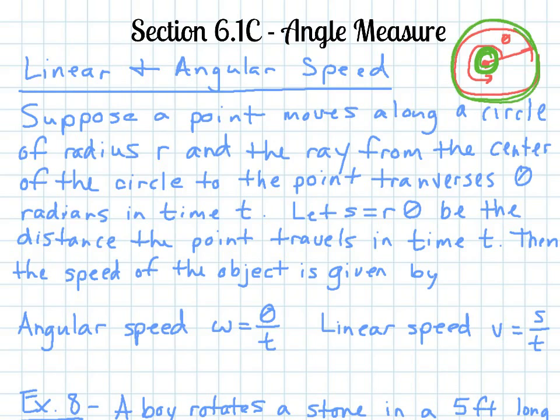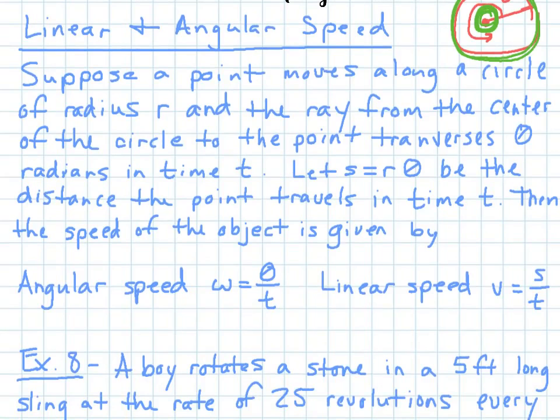Angular speed, just think of angles, the changing of the angle, and linear speed is just the speed. Like if you thought of it as a tire, and you're driving from your house to school, the speed at which your tire is touching the ground, because it changes spots on the tire as you're driving, and it always rotates around. Okay, so those are the two different things that we'll talk about.